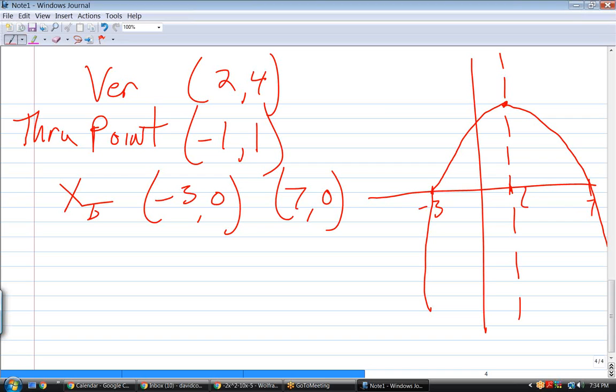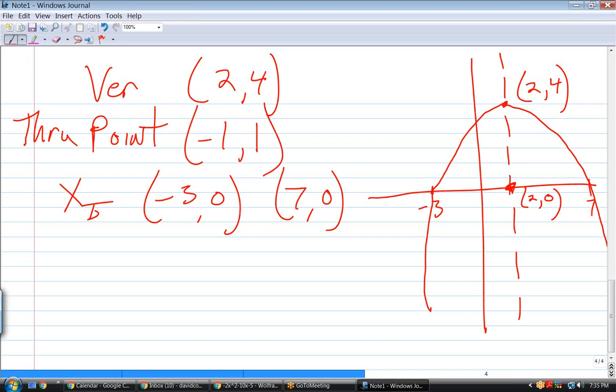That's 2. Okay, yeah, that makes sense. Okay, so that would have to be 2. And they're saying the vertex is 2 comma 4. Well, your printout's saying it's minus 2, but there's no way it can be minus 2, because it has to be halfway in between your x-intercepts.